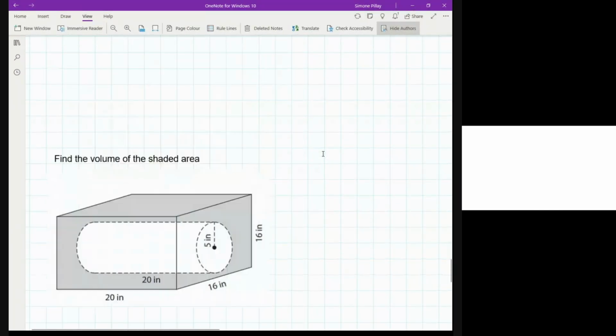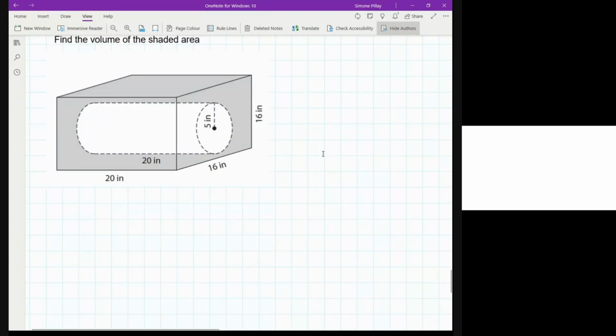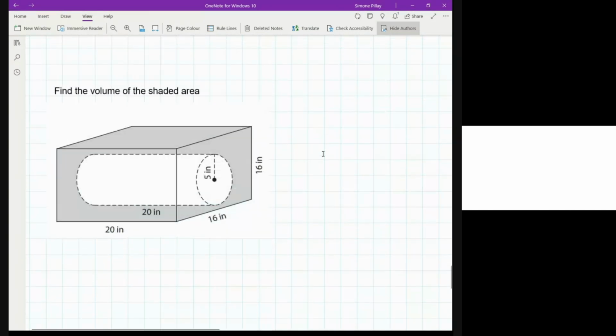I'm going to scroll past, and let's do this before we go. Here they've asked us to find the volume of the shaded area. It looks like a box, and then it's almost like they've cut out a cylinder inside the box. This is different because normally we had two shapes put together.